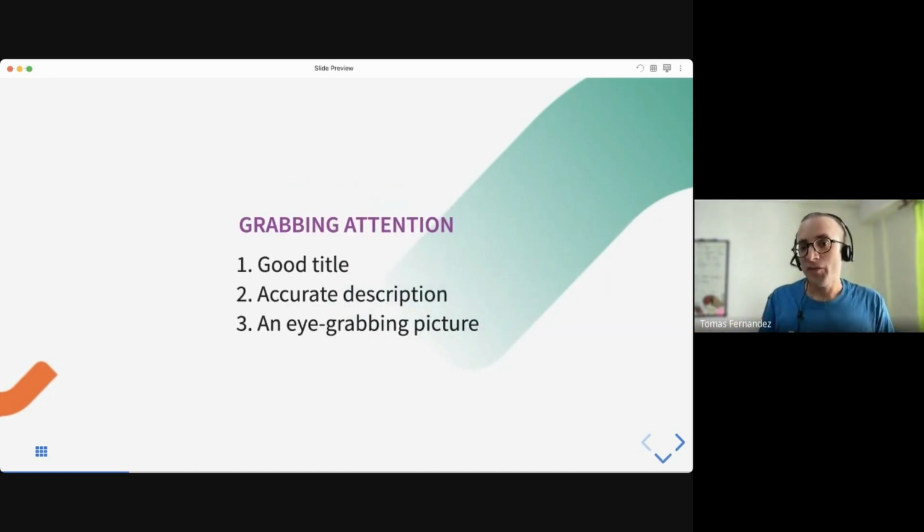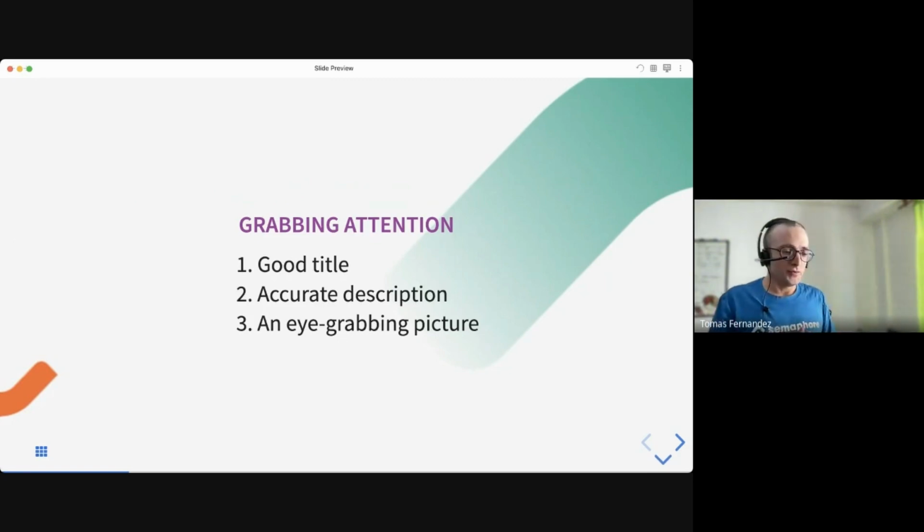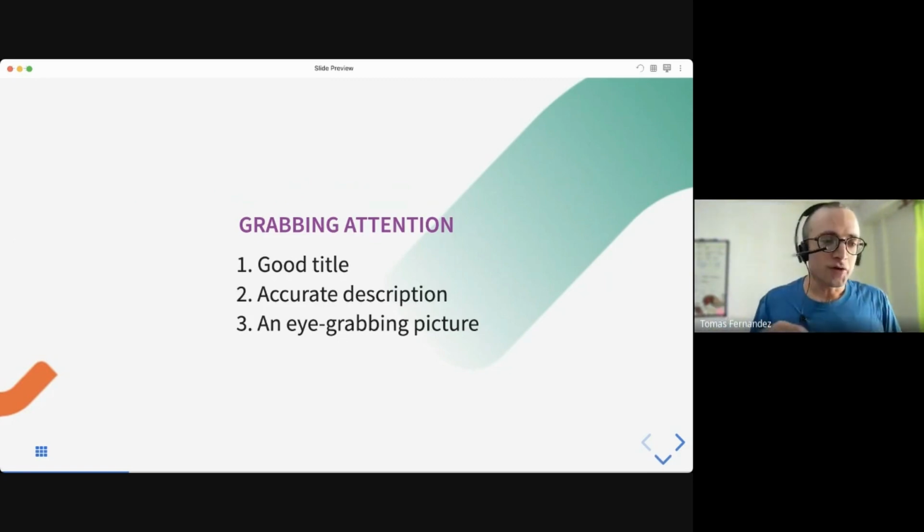The last point about trying to give value is to find some way of grabbing the attention of the person. What elements do we have for a person to click on our article? We have basically the title, sometimes a description, and some picture.